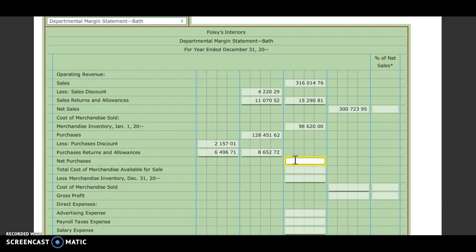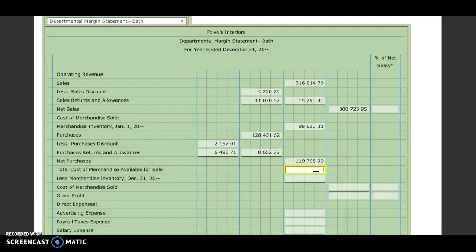Okay, then we need to figure out our net purchases. So we'll take purchases minus those deductions. $119,798.90.